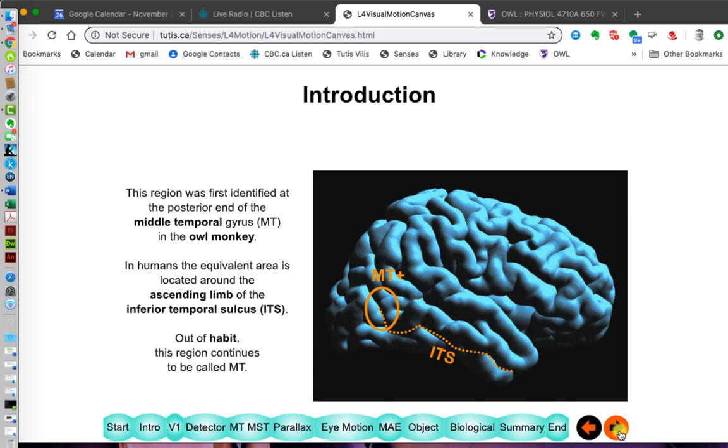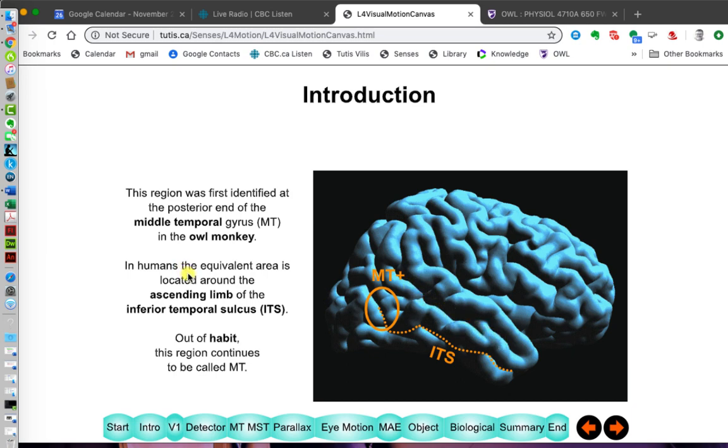And this is located in humans. It's located here. This is the inferior temporal sulcus. There's a valley here going along the temporal lobe, and it's the underside one. On top of it is the medial temporal sulcus.